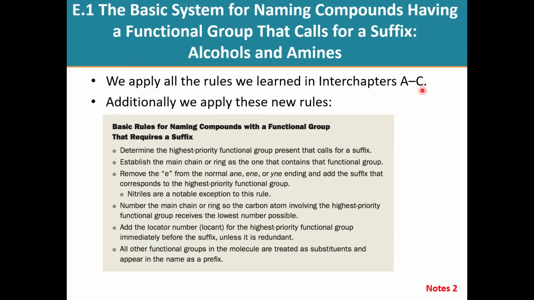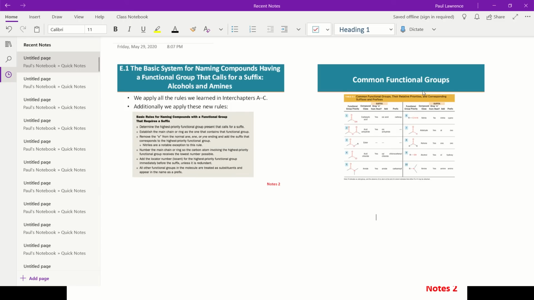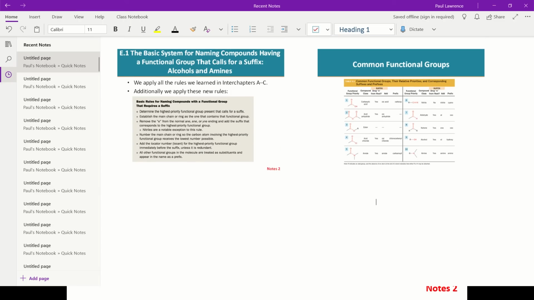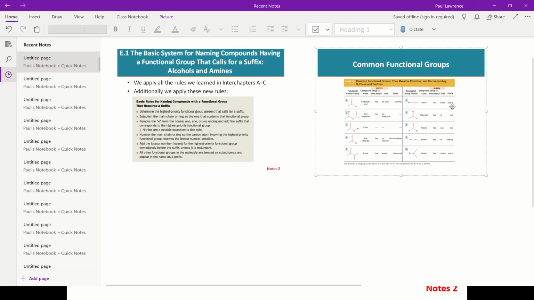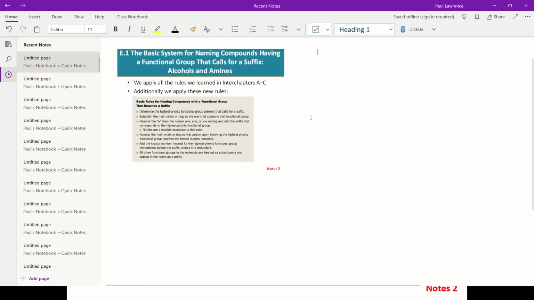Okay, so let's go through these bullet points one by one and show you what they're talking about. Okay, I know this isn't the biggest font, so you can't see things very well, but you can read along in your textbook.